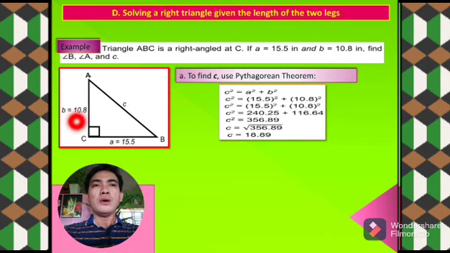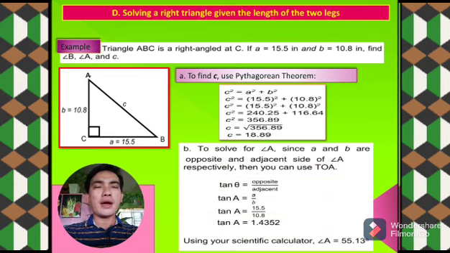So we just simply have to substitute to our given formula. C squared is equal to 15.5 squared plus 10.8 squared. And simplify, you would have therefore the length of our C is 18.89. So that will be our side C.